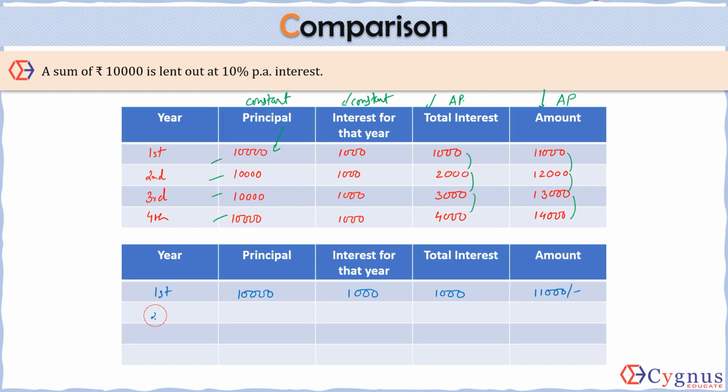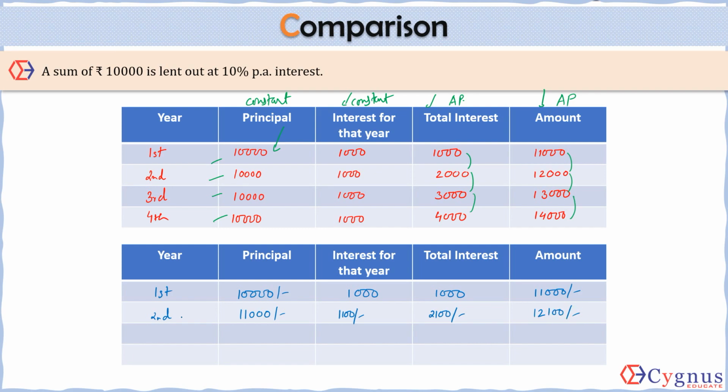If you want to use it for the second year, there'll be a change. Now the principal will become 11,000. That means now the interest will be charged on 11,000. What's 10% of 11,000? I'll say 1,100. So the total interest will become 2,100 and the amount payable will become 12,100.